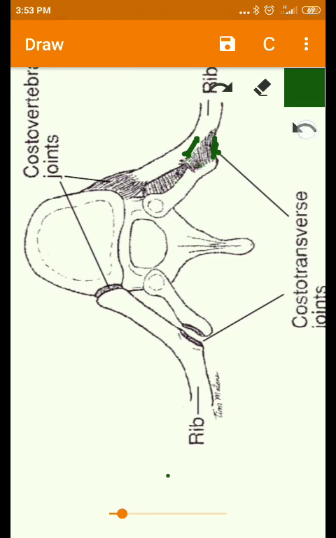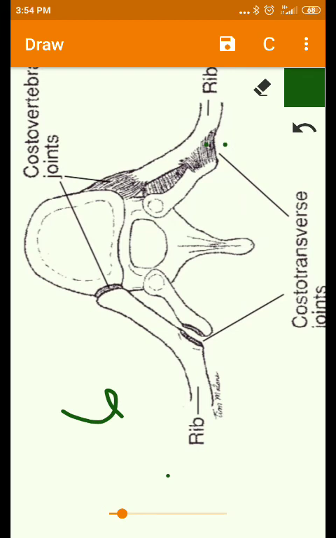Another important point you have to make a note of on these joints: the articular facets on the tubercles of the upper 6 ribs are convex and permit rotation of the rib neck, and help in pump handle movements of these ribs.